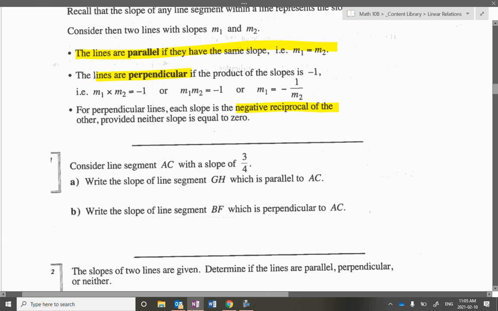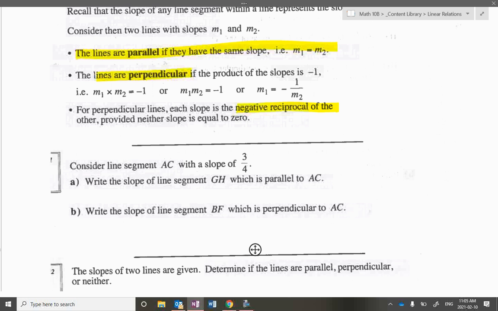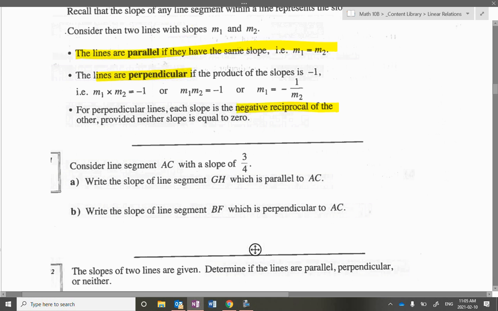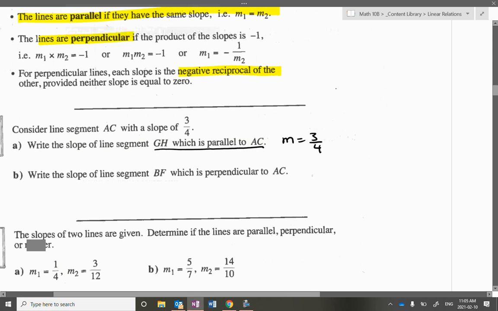So consider the line segment AC, and it has a slope of 3/4. If the line is parallel to that, it would have the same slope. So a line GH, parallel to AC, would have a slope also of 3/4. If I draw two vertical lines like that, that means parallel.